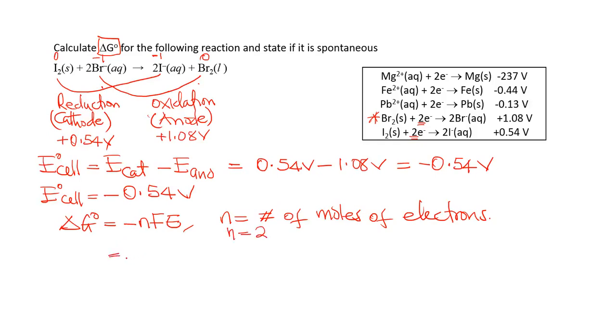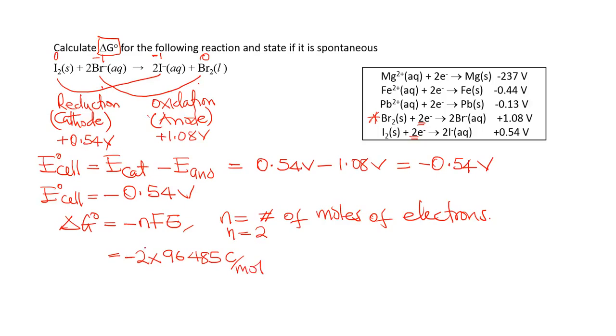So this is minus 2 times the Faraday's constant, 96485 coulombs per mole.